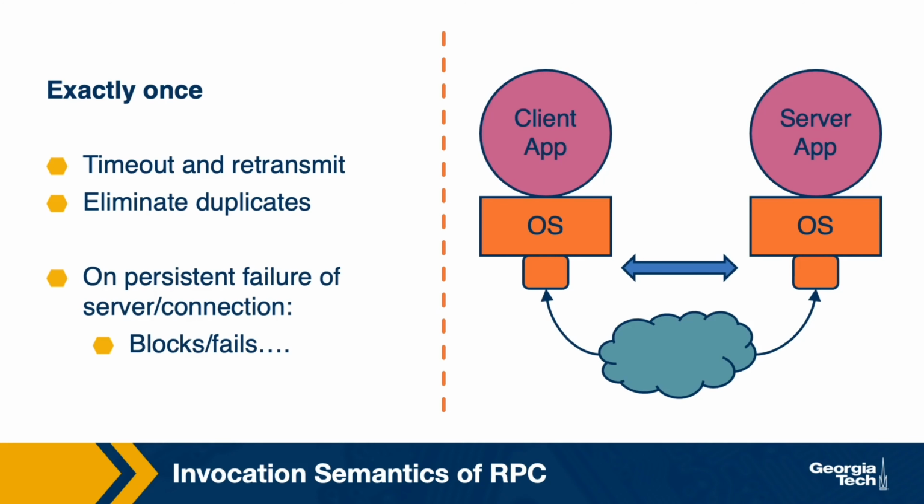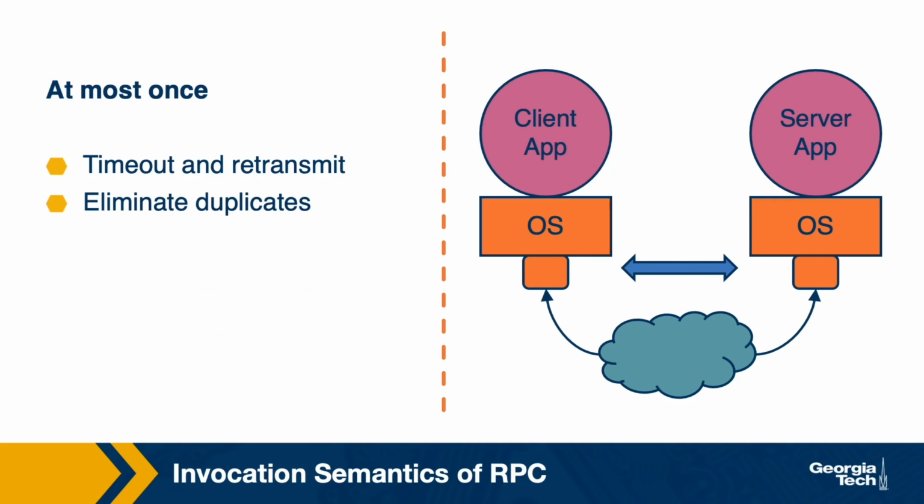However, if there is a more permanent issue with the server or with the connection to the server, the RPC runtime really has no way of guaranteeing that this exactly once semantics can be met. For such scenarios, we will need to do something different. Clearly, what's more practical to expect is that the RPC system supports at most once semantics.